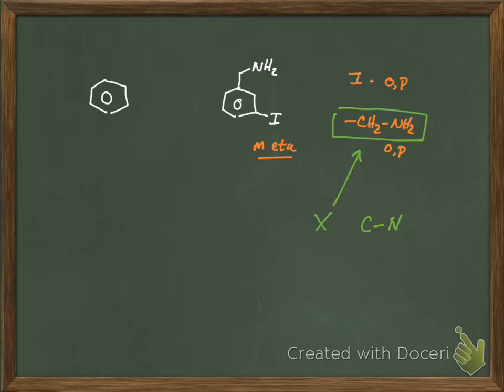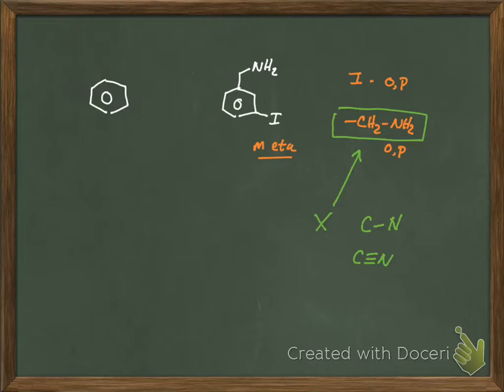Now, this is the point where you've got to take a little bit of an intuitive leap and go, CH2NH2, no. What about C triple bond N? I know how to do a few things with C triple bond N, and this could possibly work. So why don't we try that?